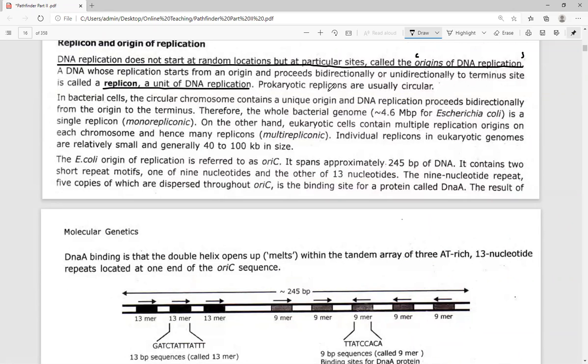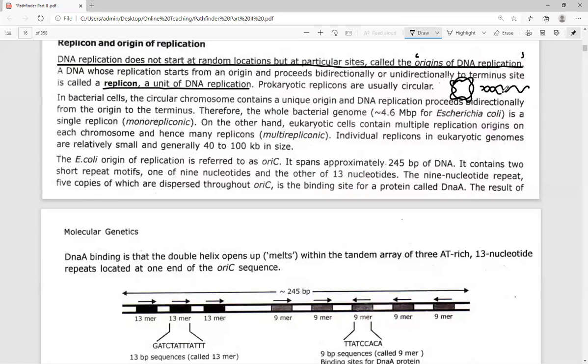Prokaryotic replicons are usually circular because prokaryotic DNA is usually circular in nature. If you look here, this is the prokaryotic DNA molecule, which is circular, whereas the eukaryotic DNA molecule is usually linear.